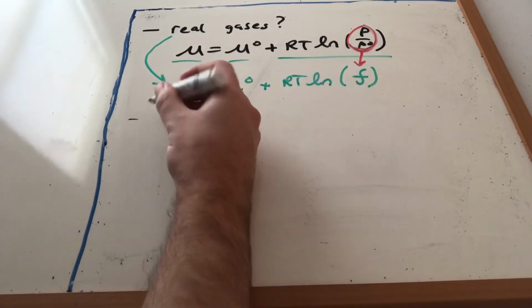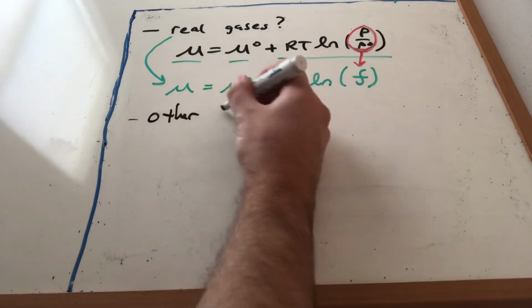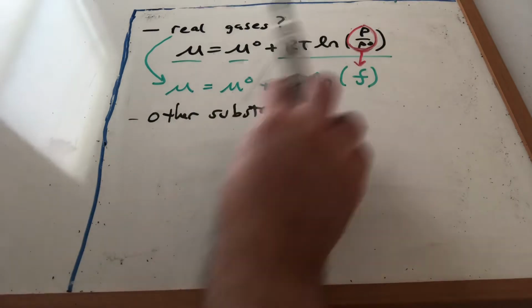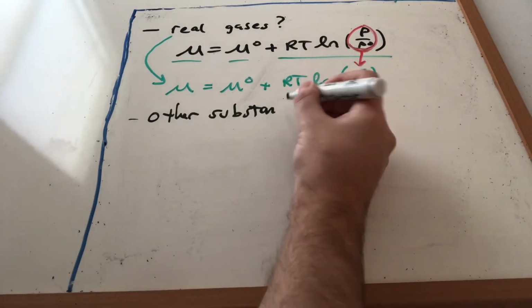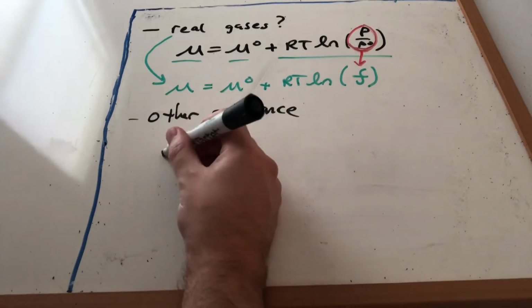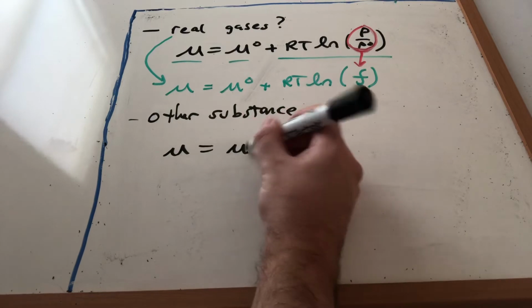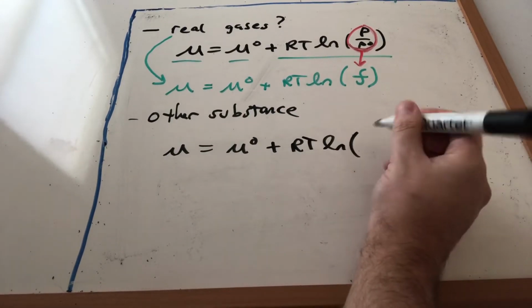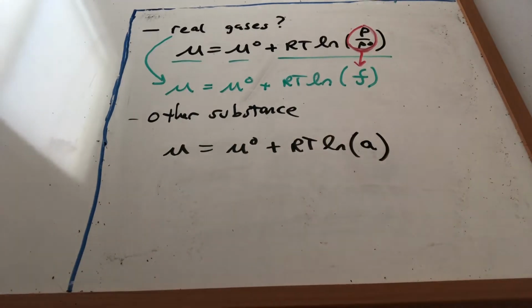Before we get to what you actually do then, what about other substances? What about any other substance? Remember, anything we've talked about since then, we defined an activity. So we have a mu naught plus RT times the natural log of activity.